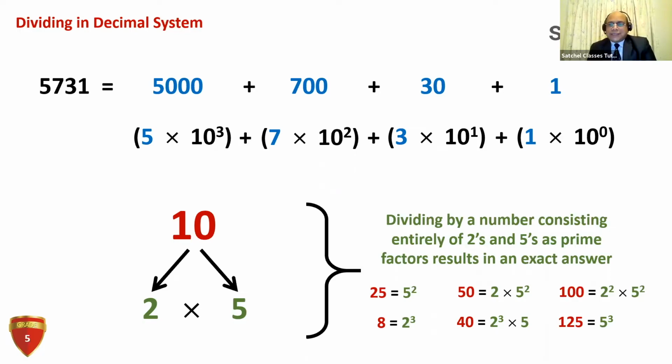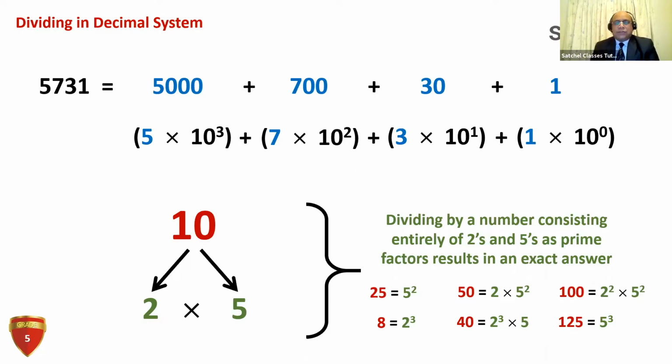So if we divide by any such numbers which consist only of prime factors 2 and 5, then you will always get terminating decimals, because any of these place values can be exactly divided by these factors, right? So you get terminating decimals. In case of any other number, if you divide by numbers which have any factor other than 2 and 5, let's say 3 or 7 or something, you get recurring decimals, right?